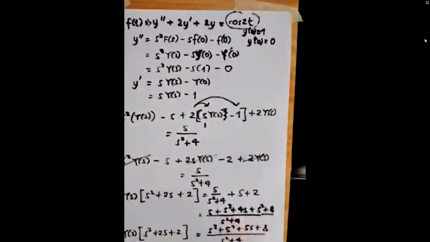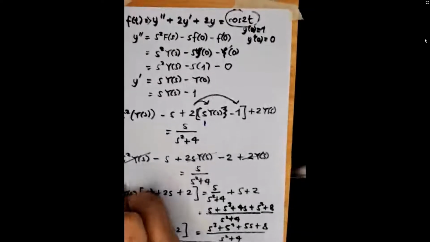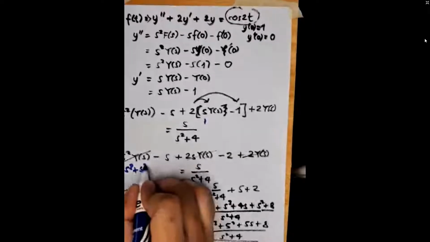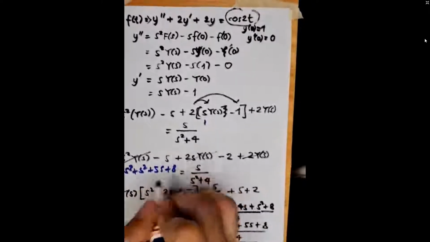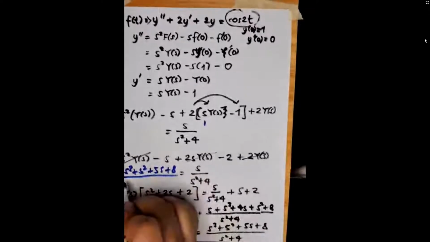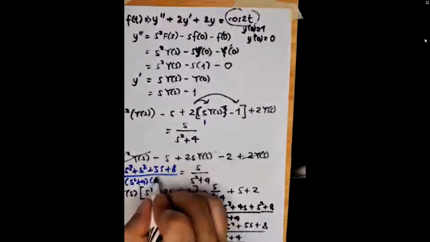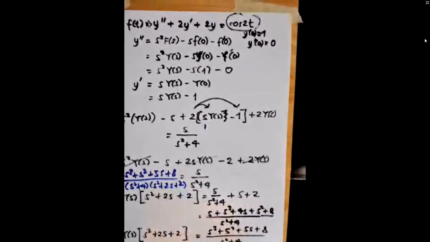Okay, class. So the final answer is, I'll just write it here. Y of s is equal to s cubed plus s squared plus 5s plus 8 all over s squared plus 4 times s squared plus 2s plus 2. Right.